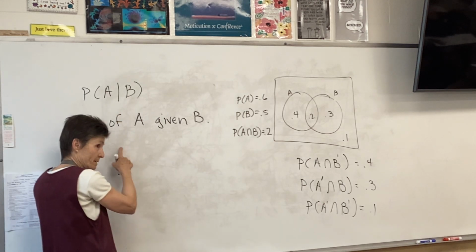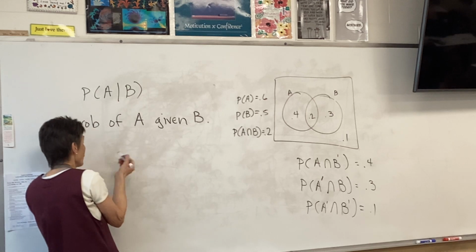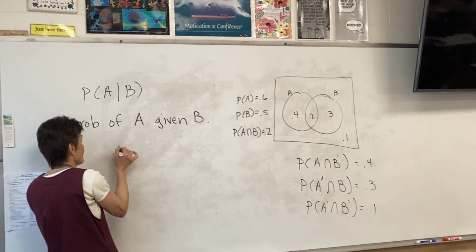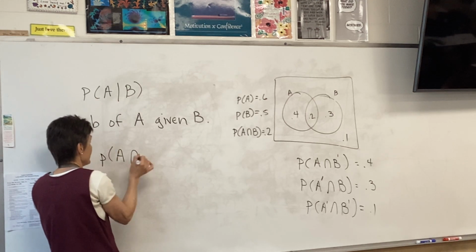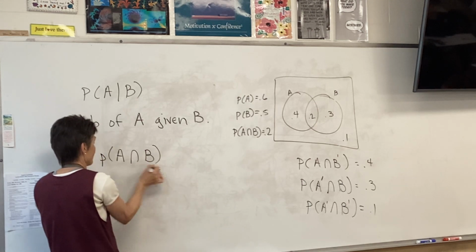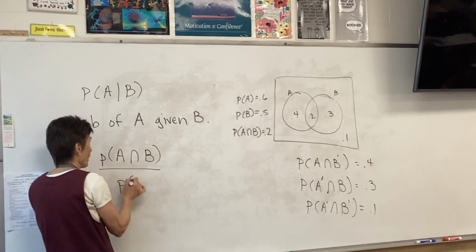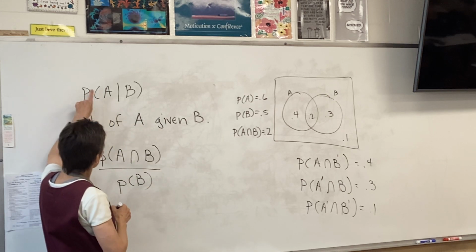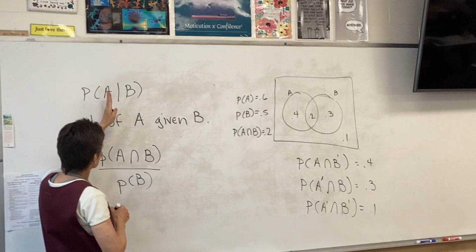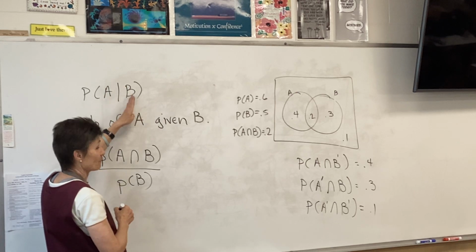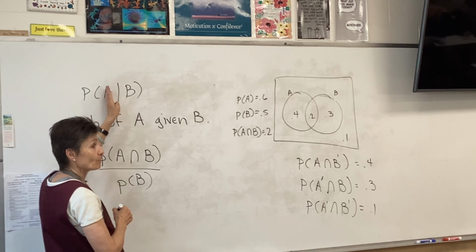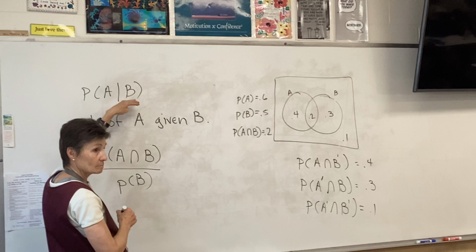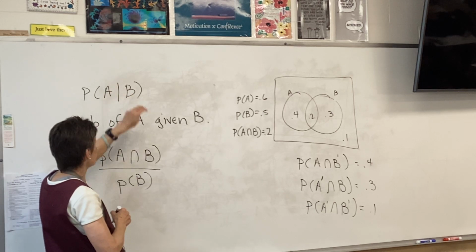And there's a little formula for this. The formula for this is the probability of A and B over the probability of B. So when you see what's the probability of something given something, the numerator is both, the denominator is the given.